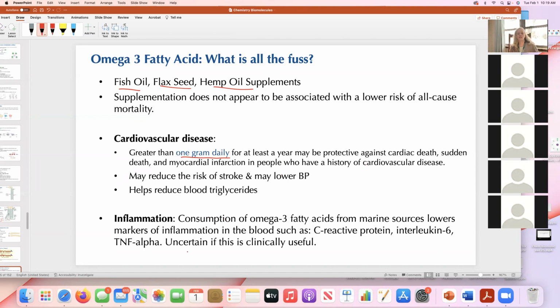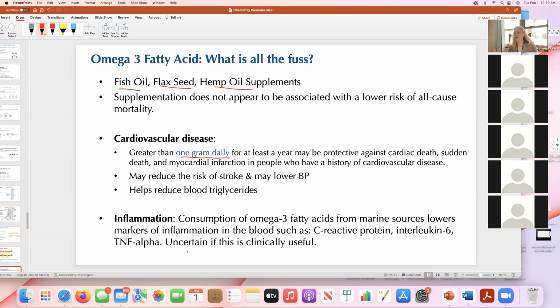The consumption of omega-3s from marine sources does seem to help with inflammatory markers in the cell, okay? Lowering all those things that get cranked out when we have inflammation, like C-reactive protein, interleukin-6, TNF-alpha.